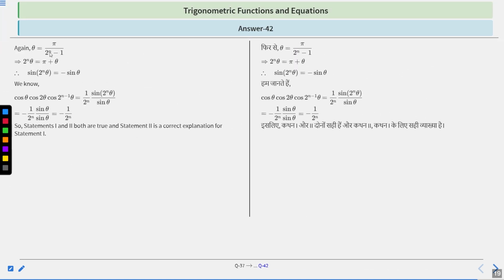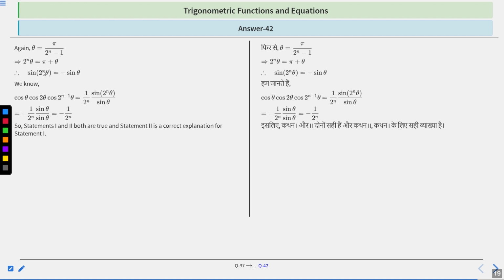Again, if theta is equal to pi upon 2 to the power n minus 1, by cross multiplying you will get 2 to the power n theta is equal to pi plus theta. Therefore, sin 2 to the power n theta is equal to minus sin theta. Therefore, cos theta into cos 2 theta into cos 2 to the power n minus 1 theta is equal to 1 by 2 to the power n, sin 2 to the power n theta upon sin theta.